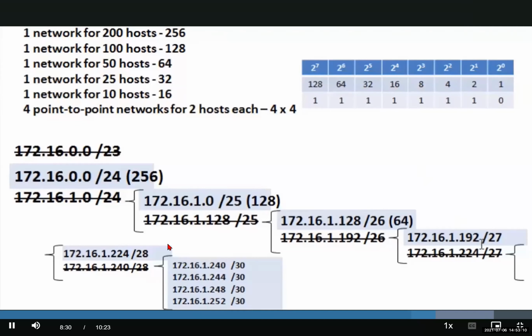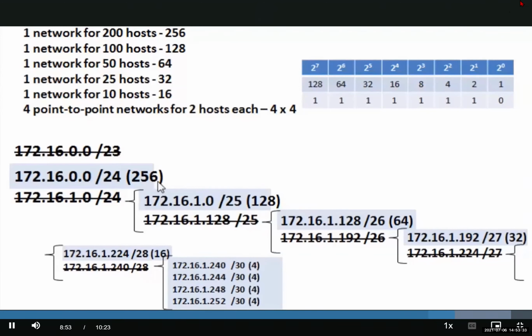And the 192/27 subnet is good for 32 hosts. The 224/28 is a 16-host subnet. And then the last 4 subnets /30 each, 240, 244, 248, and 252, are good for 4 hosts each.